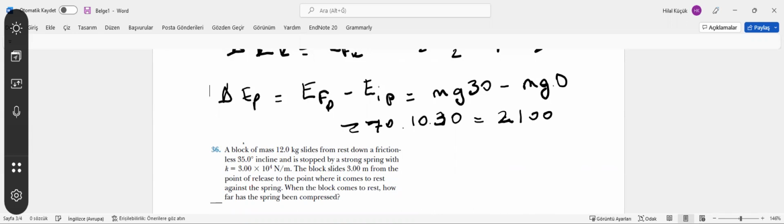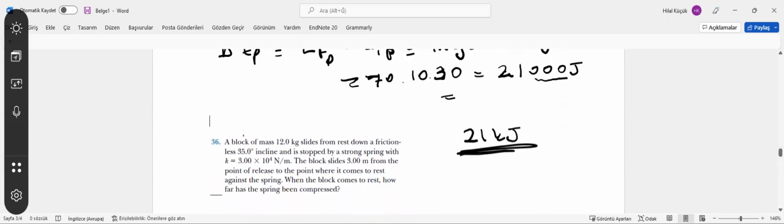You can write it in kilojoule. Kilojoule means you need to cancel 30, so you can write 21 kilojoule. Okay, this is my potential energy difference.